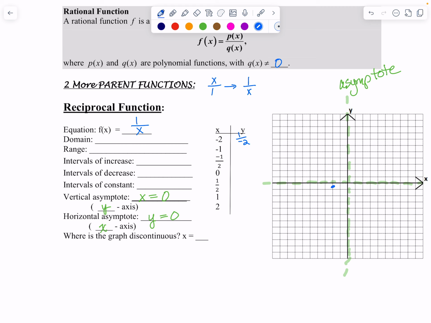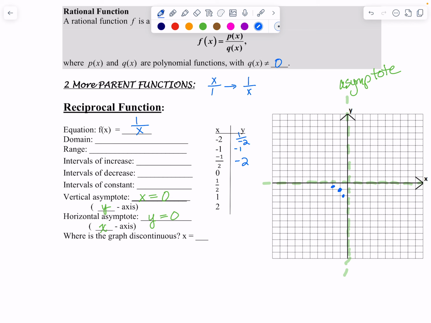If I put -1 in there, if I flip -1 over 1, it's still -1. So there's another point. If you want to do one more, we could. That -1/2, if I just flip that, that's just going to be -2. That's the reciprocal. So at -1/2, I'm going to be at -2.